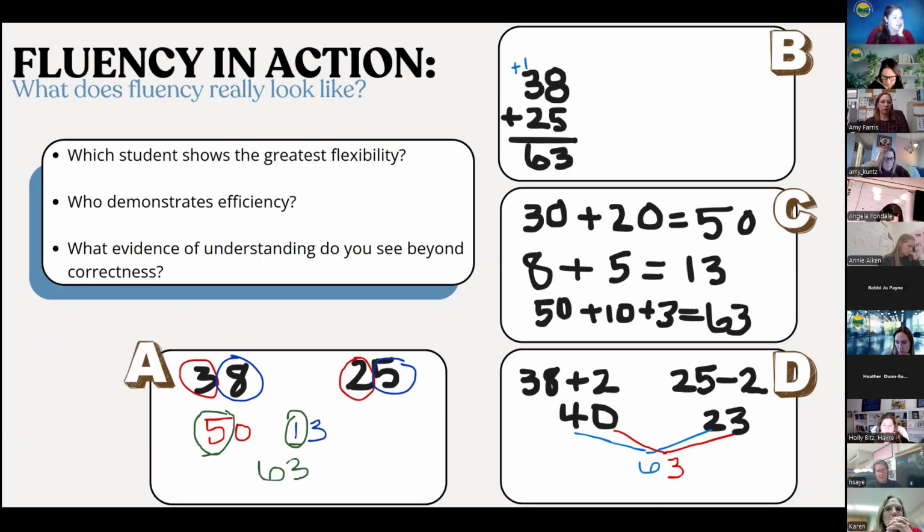Adding subtraction into an addition problem. Yep. And then is there any strategy that seems to be like super efficient to you? A, B, C, or D? B.